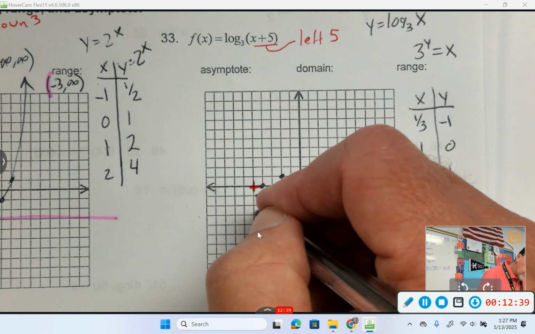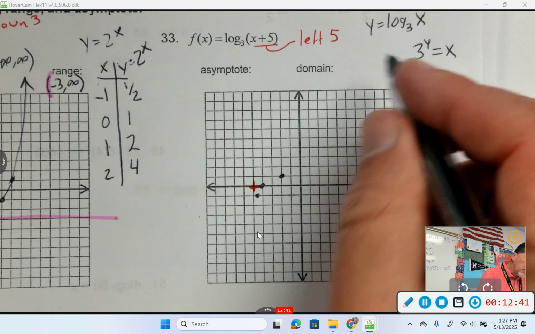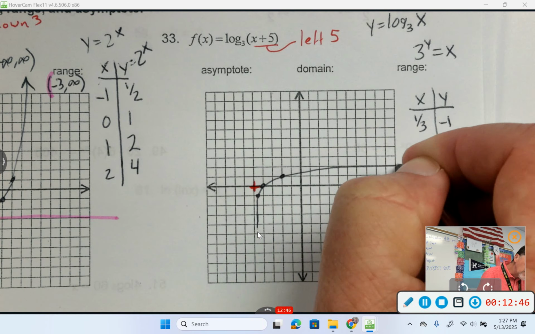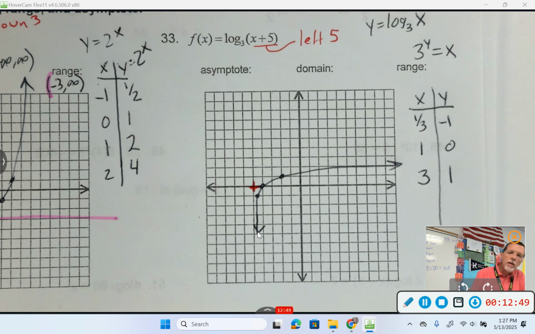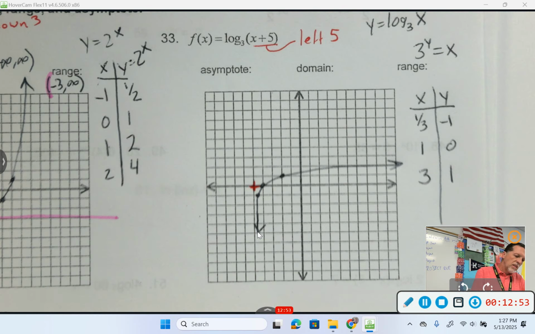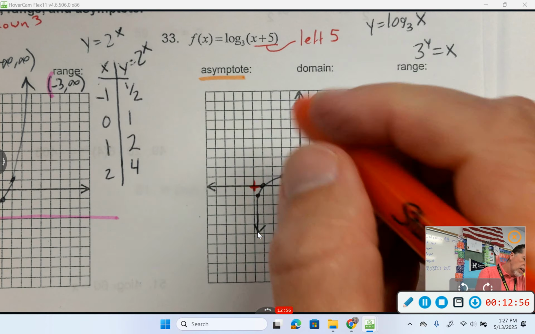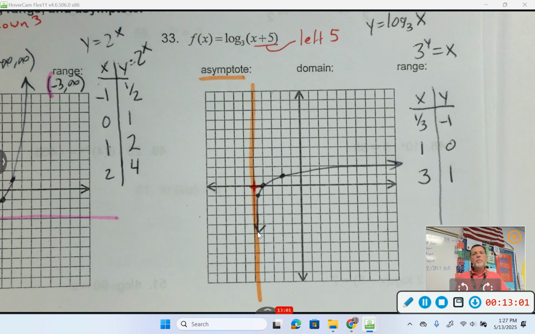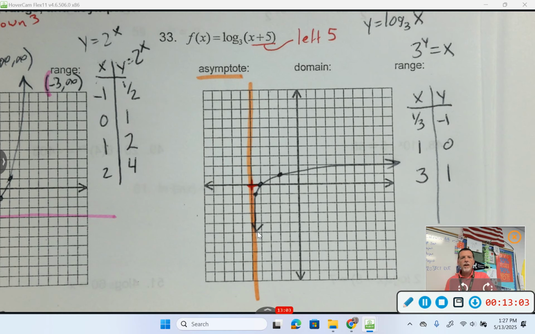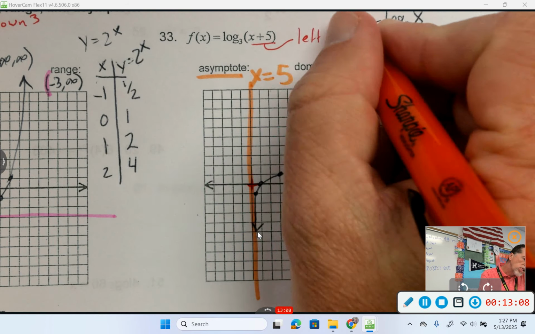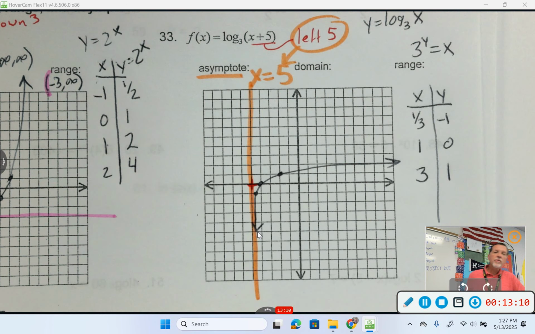But this one, I think because the 3 is bigger than the 2, it makes a sharper turn, and so it's a little easier to locate what everybody's doing, or what the graph looks like. All right, asymptote, that would be x equals 5. All right, left 5, move the asymptote 5 to the left.